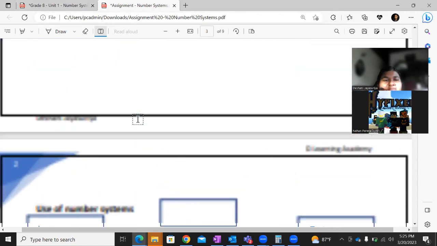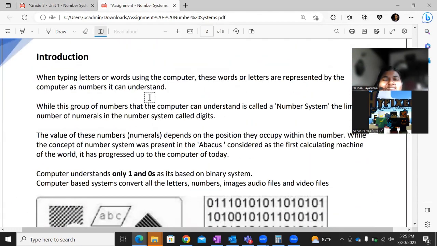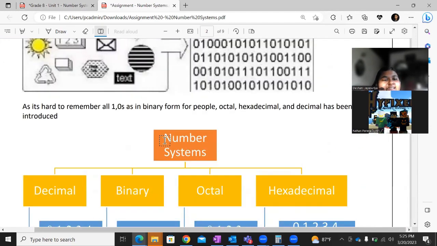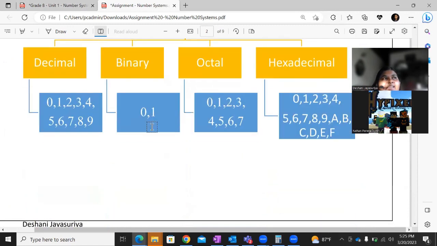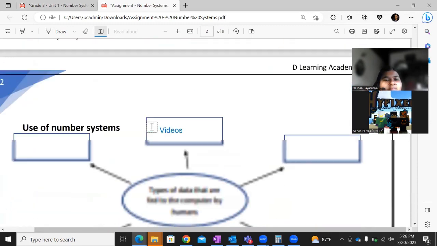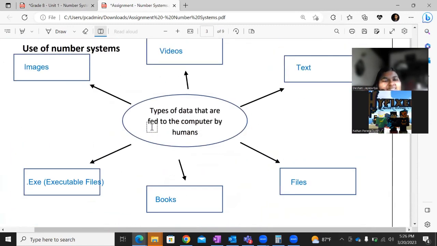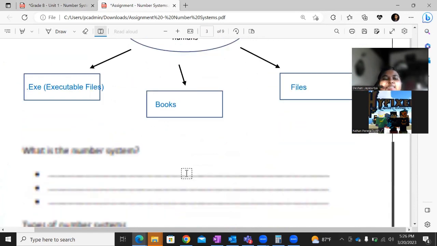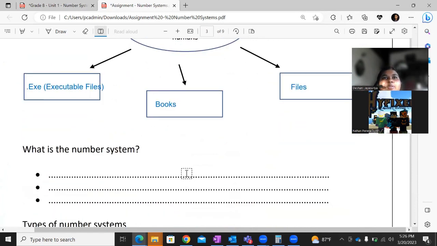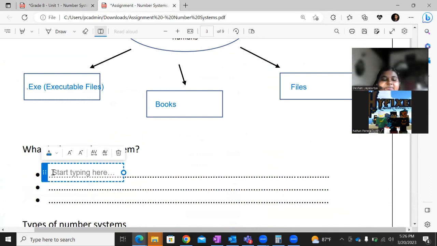For example, we can easily convert any type of file like this: images, videos, text, any of these files, into computer understandable language, right? So that is the meaning of number system.